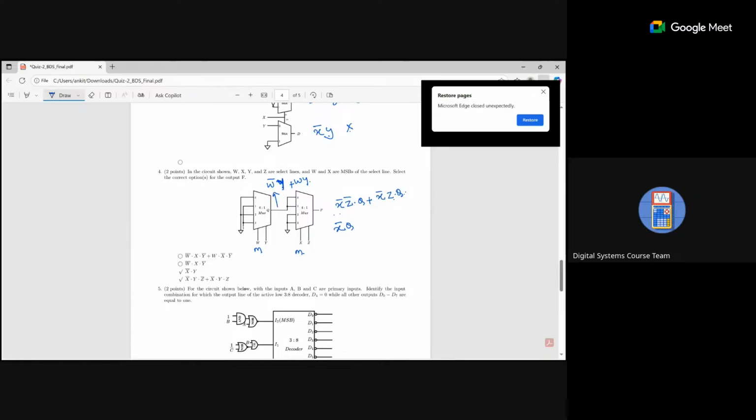Now put the value of Q. So X bar, W bar Y plus WY, so X bar Y is the correct option.